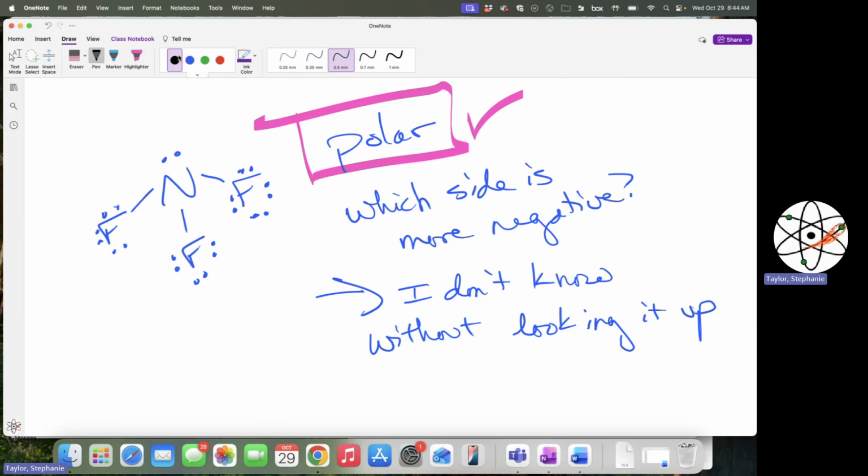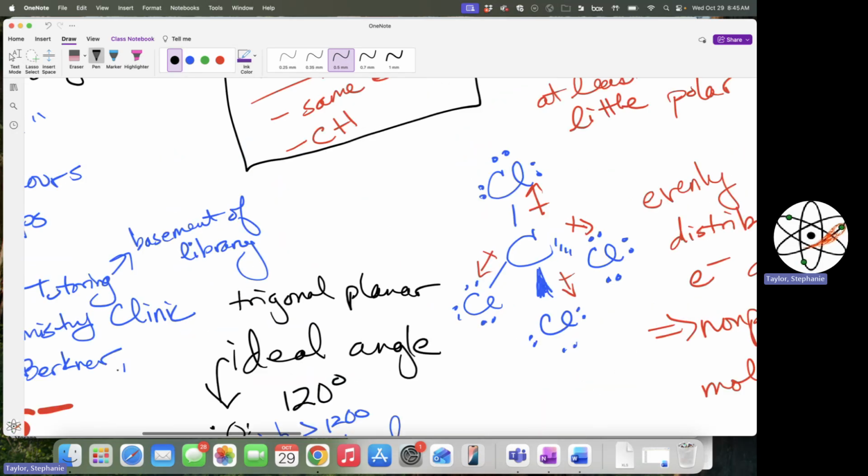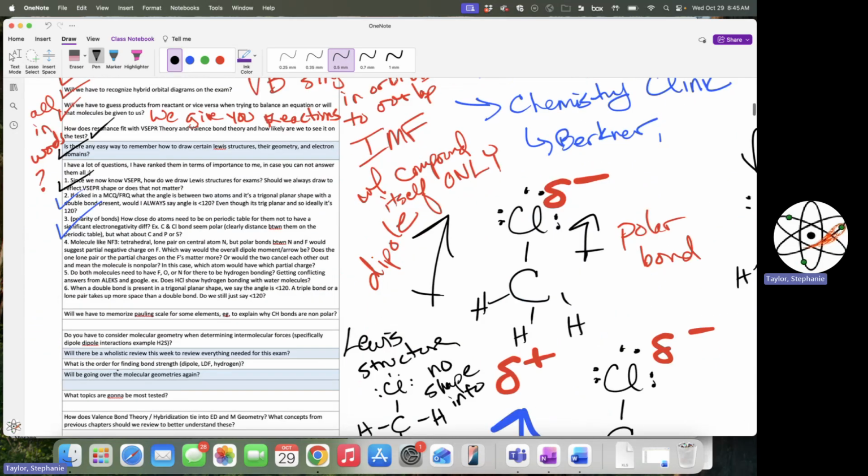But we would not ask you which side is more negative, or to draw a dipole moment on this, because I'm looking at it and I'm like, are 3 fluorines more negative, do they have more electron density than 1 lone pair on a nitrogen? Fabulous question. I would have to look that up. If I have to look it up, it's not an exam question, because I do not know.